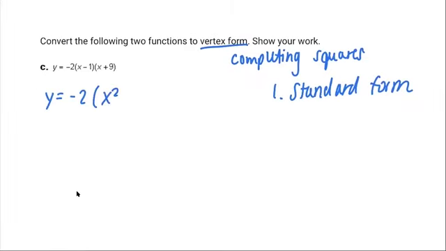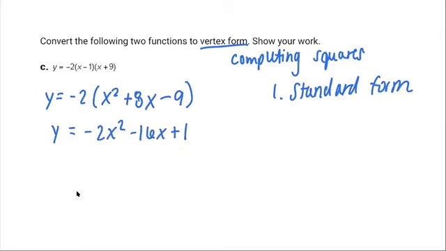So I've got x squared plus 8x minus 9. Then I distribute negative 2x squared minus 16x plus 18.